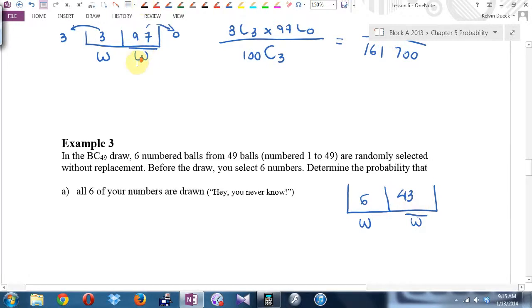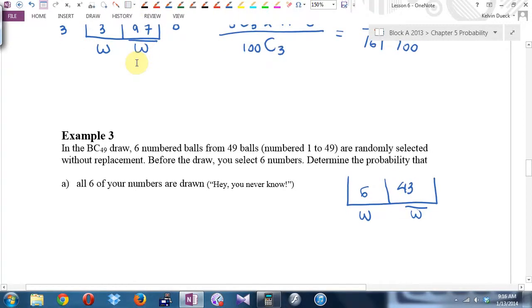What choose what? From 6 winners, choose all 6, and from 43 losers, choose none, over what choose what? Do you see how you can use my built-in error check to figure out the bottom?